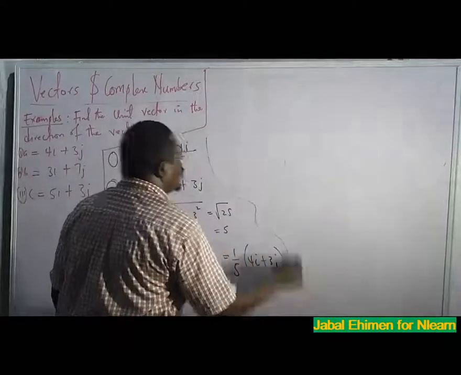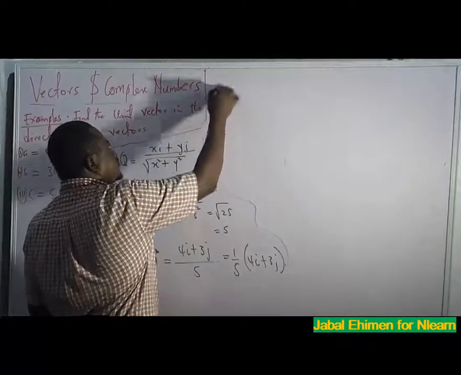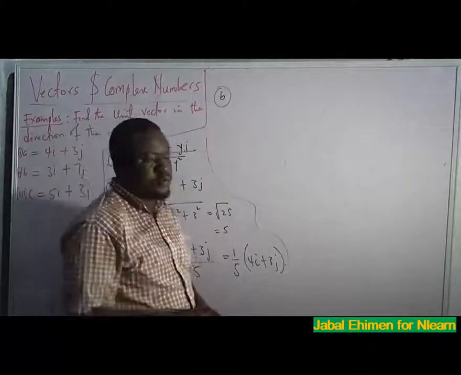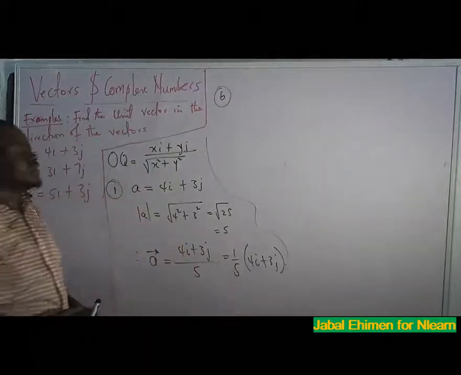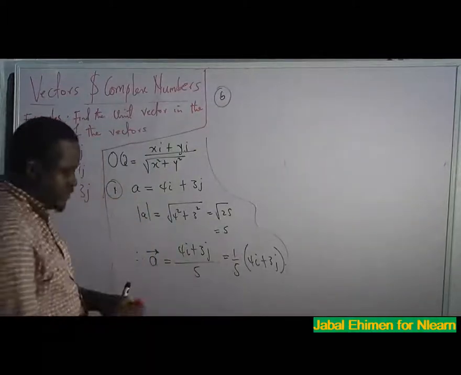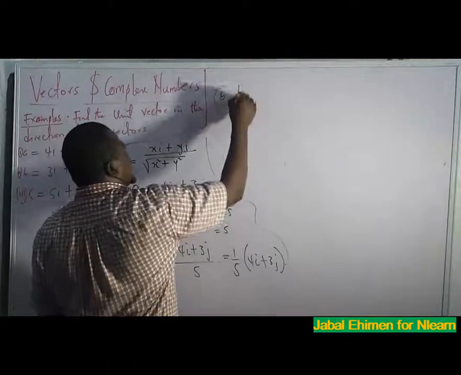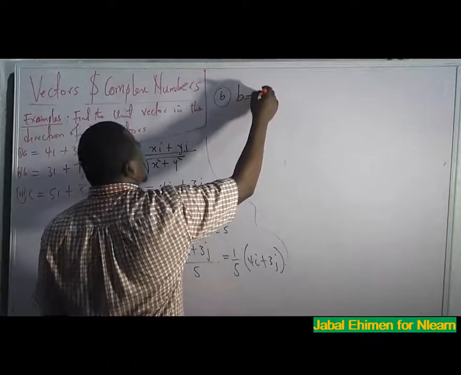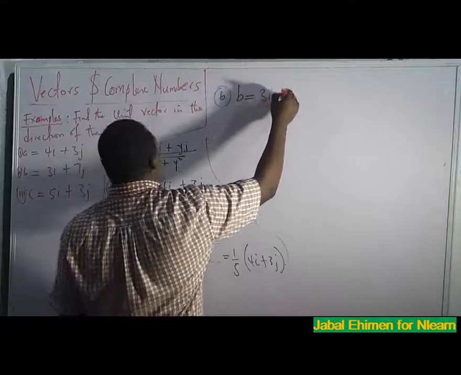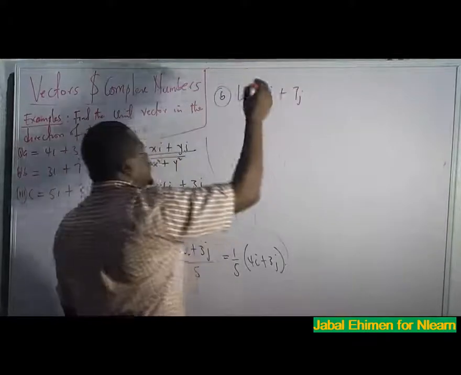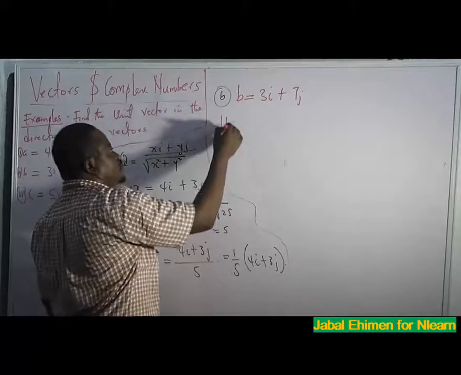Now, for question 2, which is B, it's simple for us to analyze that. B is equal to 3i plus 7j. Now, what is the modulus of B?